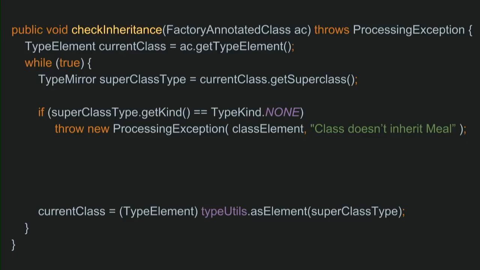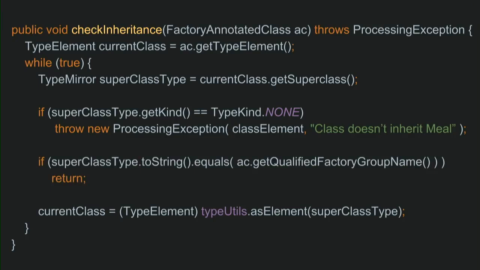And if we have reached that, then the class is not a meal, it hasn't inherited from the meal interface. Otherwise, we simply use toString to check if they are equal. We use the current element's fully qualified name and the qualified name of meal.class, and verify if they are the same. If they are the same, the rule is fulfilled, and we can go on.